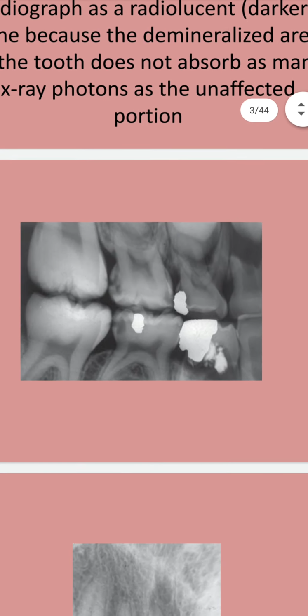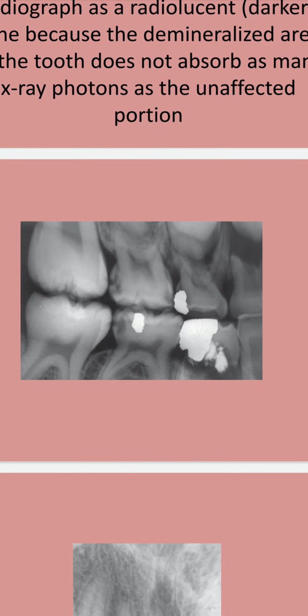As we see in this bite-wing radiograph, we can see the interproximal caries between the deciduous D and the lower 6 in both upper and lower jaw.